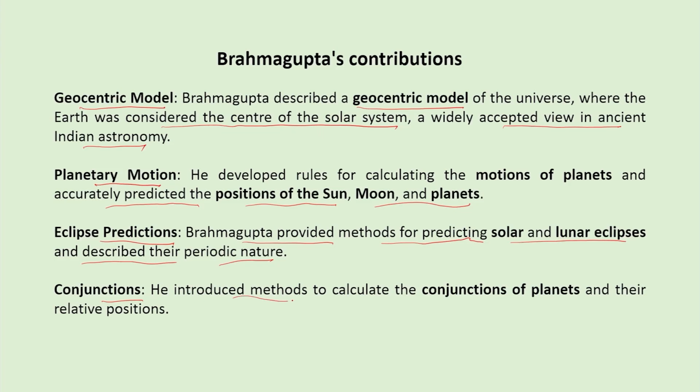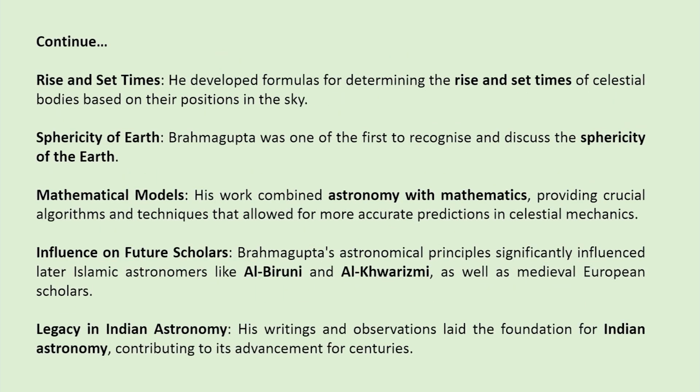Conjunction: he introduced methods to calculate the conjunction of planets and their relative positions. Rise and set time: he developed formulas for determining the rise and set times of celestial bodies based on their positions in the sky.